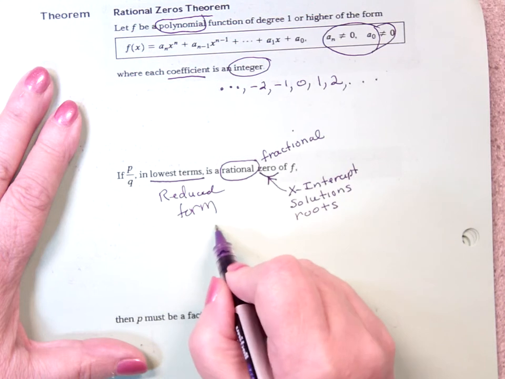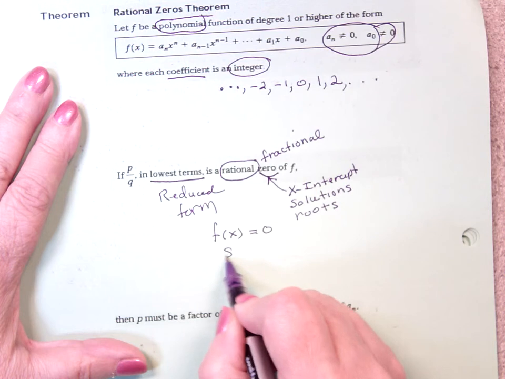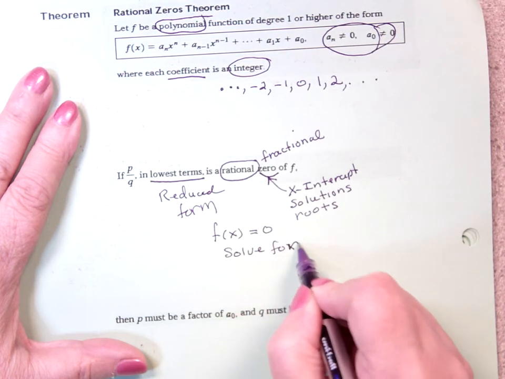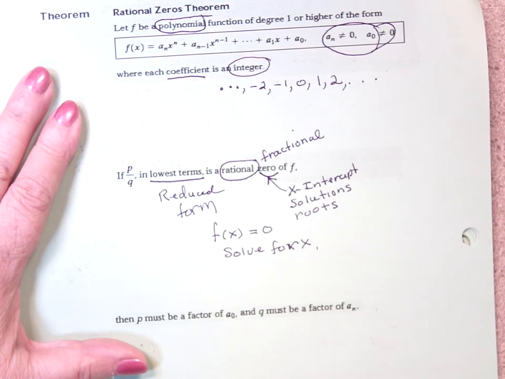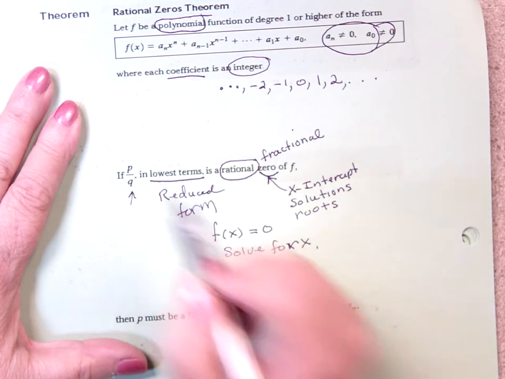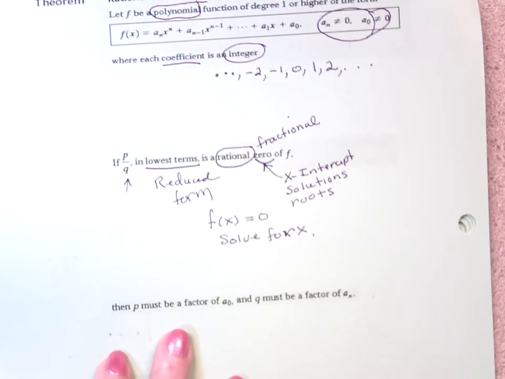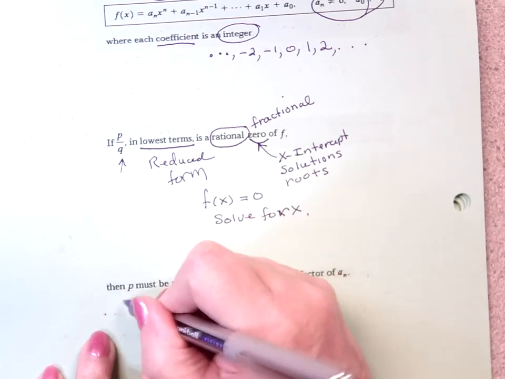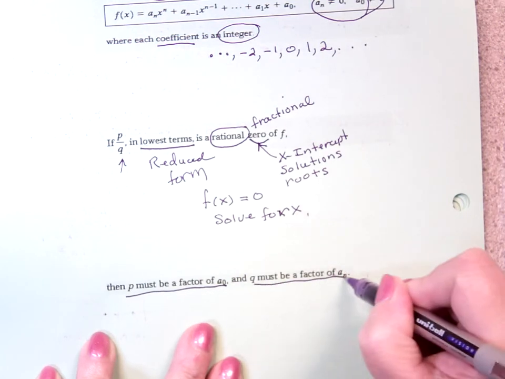That's where we take the polynomial f of x, set it equal to 0, and solve for x to find the zeros. And we're looking at this strange p divided by q thing. Then p must be a factor of a0, and q must be a factor of an.